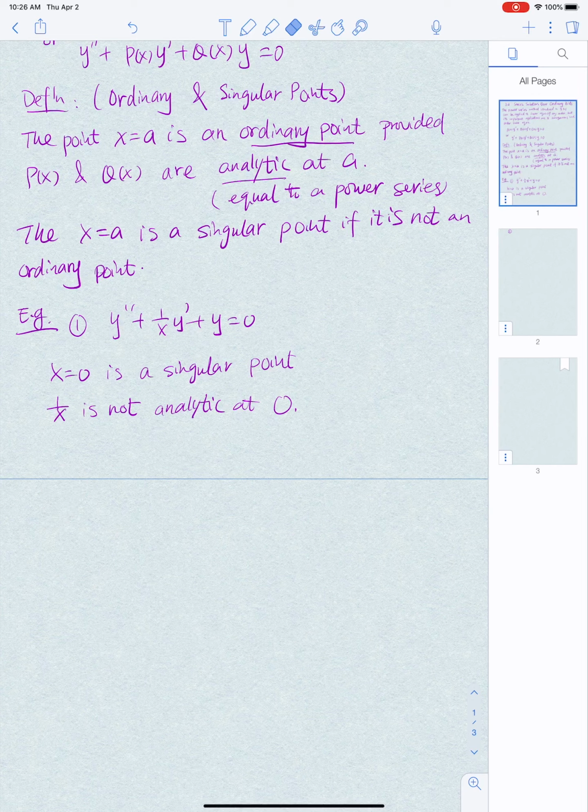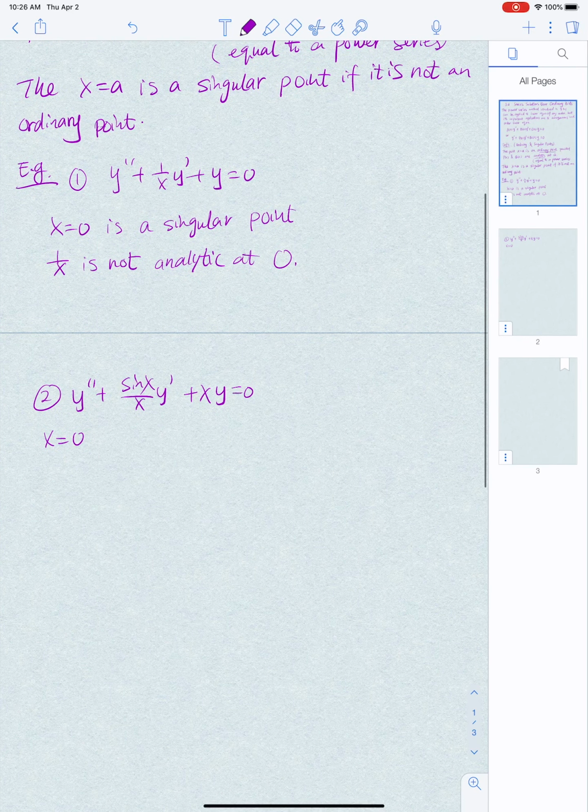Second example. Now in this example, let's check x equals 0 to see whether it's a singular point or an ordinary point.